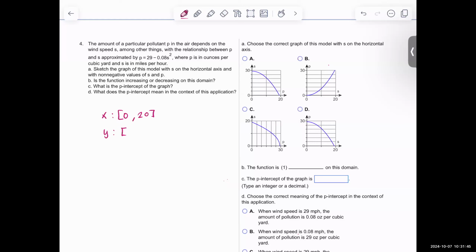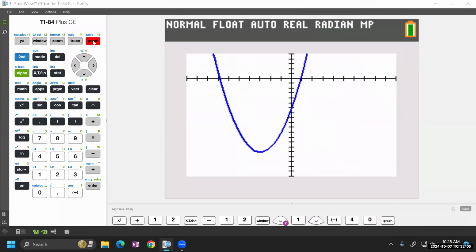The only exception is C, so we'll graph this and then we'll take a look and see if it's anything but C. Okay. So let's type that in.